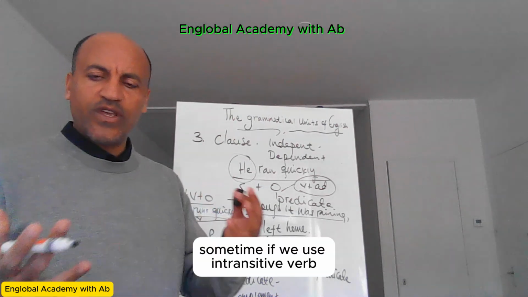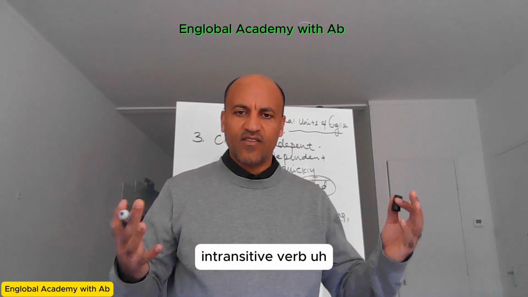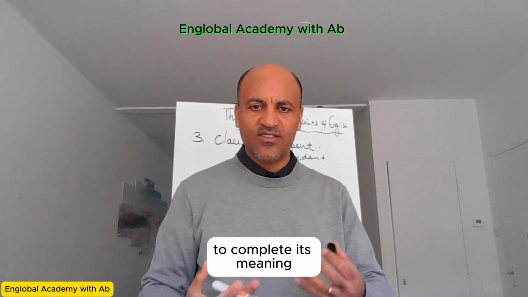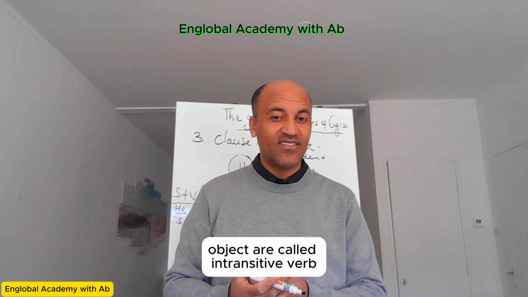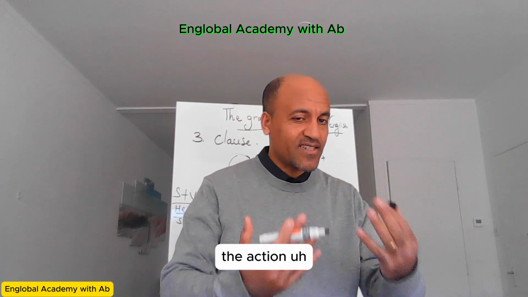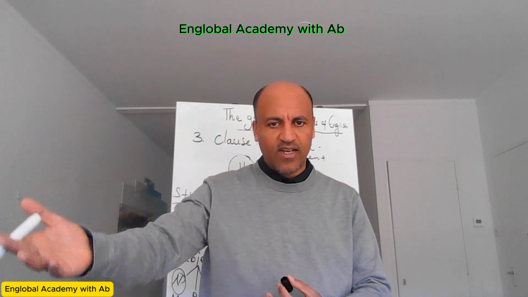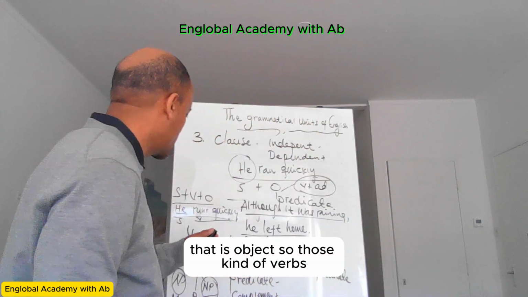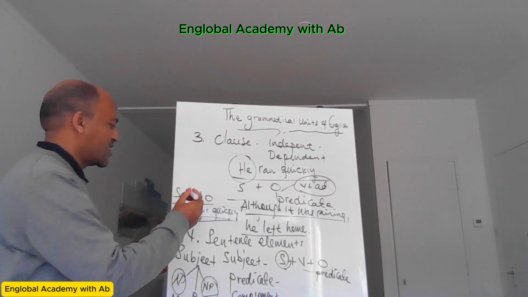Sometimes if we use an intransitive verb, the verb doesn't require any object to complete its meaning. Those kinds of verbs that don't require an object are called intransitive verbs. The action does not pass to the other part of the sentence, that is, the object.